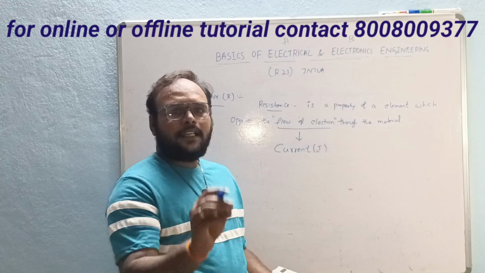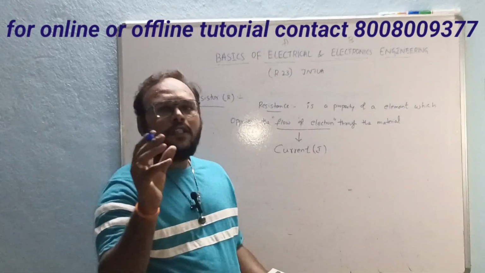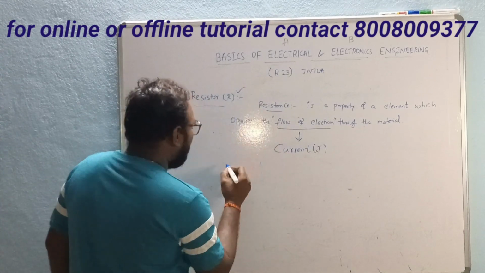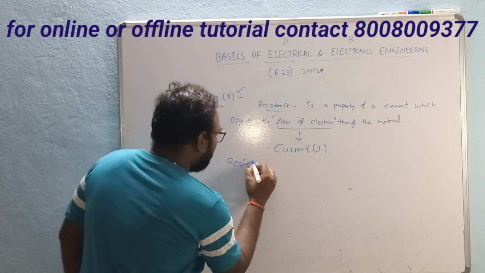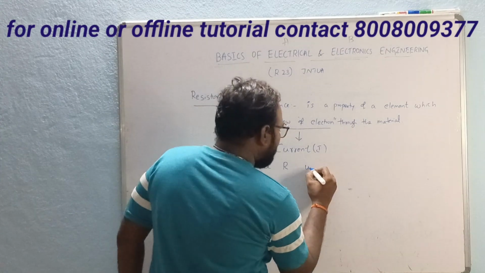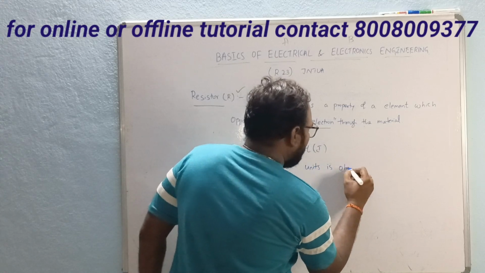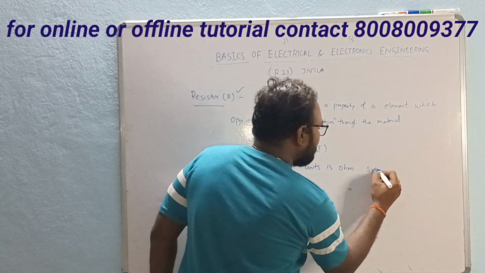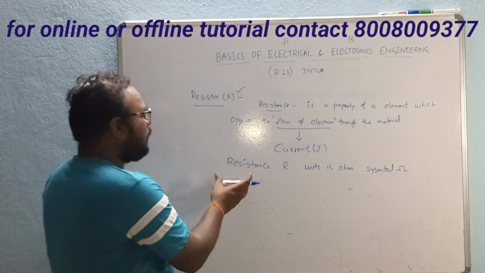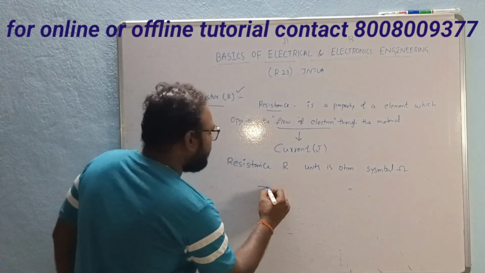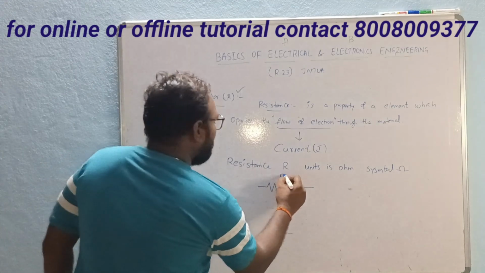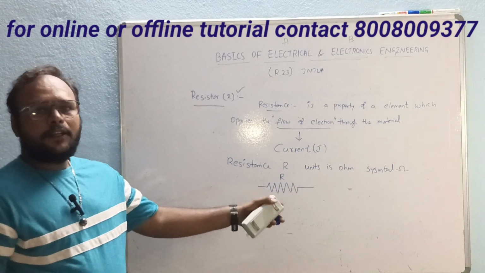Resistance is denoted with R, and its unit is ohm, and the symbol is like this. This is the circuit symbol for resistance.